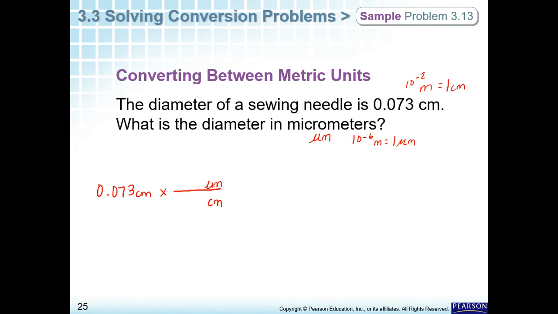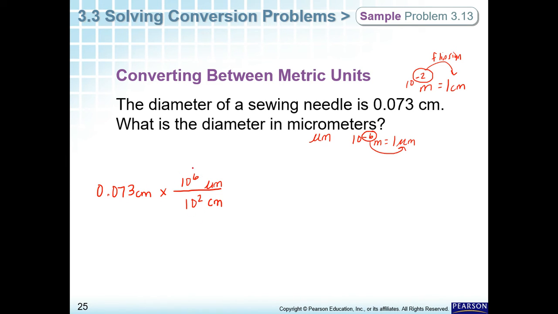So if I want to take this 10 to the negative 2 and connect it to my centimeter unit, I need to basically flip the sign. So if I'm going to attach this to the centimeters, this is going to be 10 to the positive second. Over here, I have a negative 6 on my meters, but I want to connect it to my micro, so I'm going to flip the sign to be 10 to the sixth.